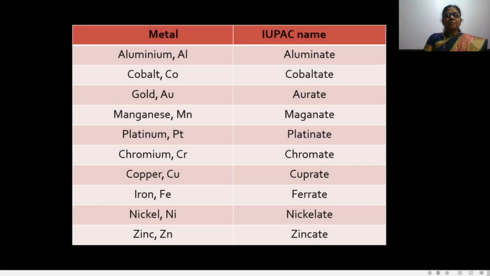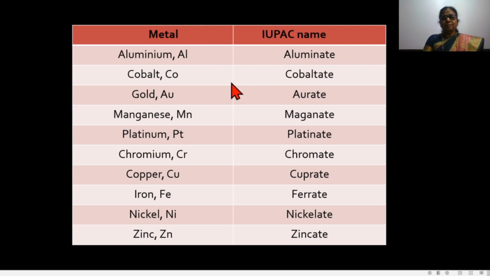Now, for some metals in the IUPAC system: aluminium, Al, becomes aluminate. We studied the rule that when the metal is in an anionic complex, ATE is used here.